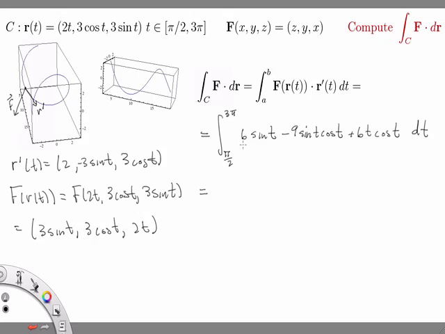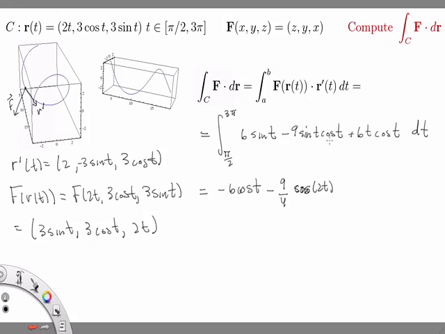Okay, so the antiderivative of 6 sine t is minus 6 cosine t. And then we can do a u substitution for sine t, or treat this as sine of 2t over 2, which is what I usually do, and we get minus 9 fourths cosine of 2t.